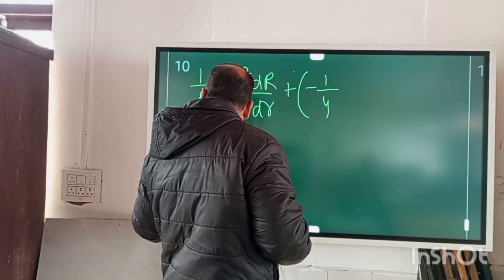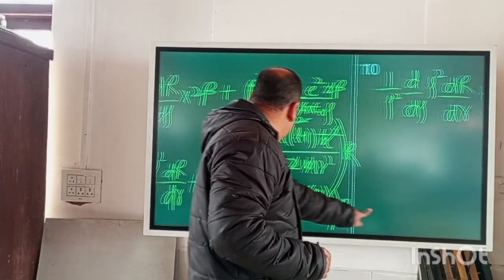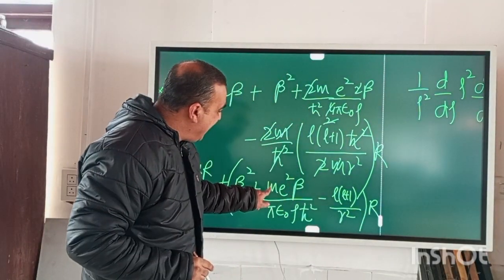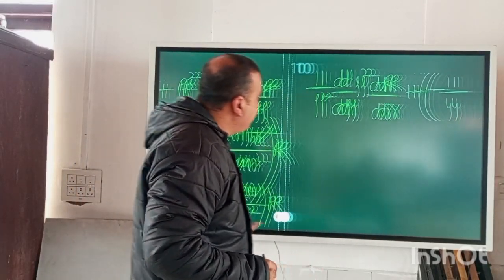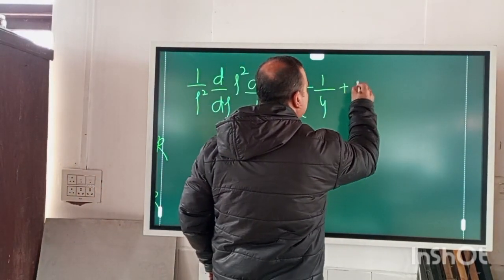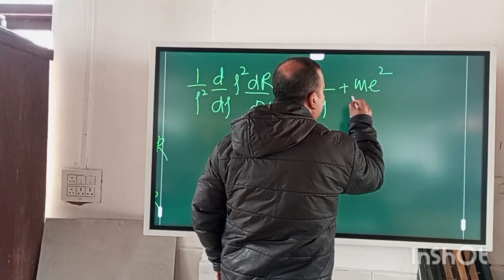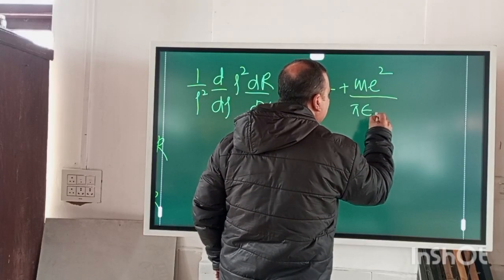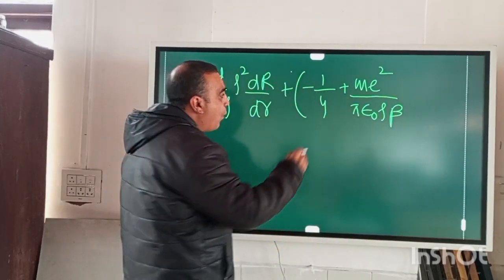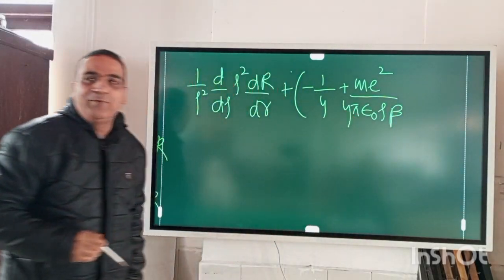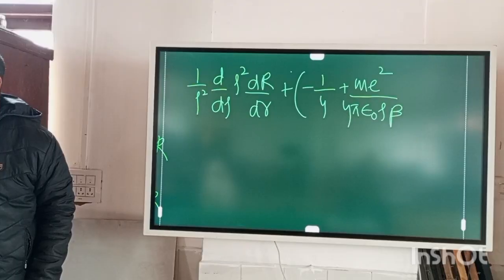Okay? The next thing: here it will be me square by pi epsilon naught rho, plus me square by pi epsilon naught rho and beta and 4. Am I right? Because you are dividing it by 4 beta square.